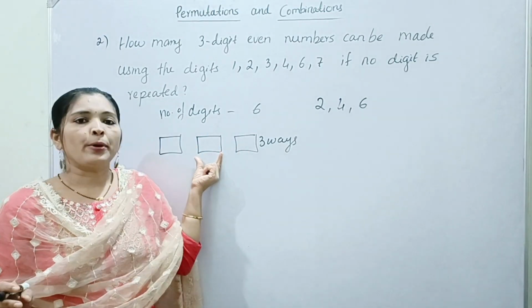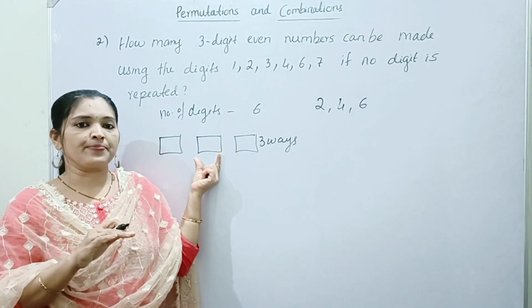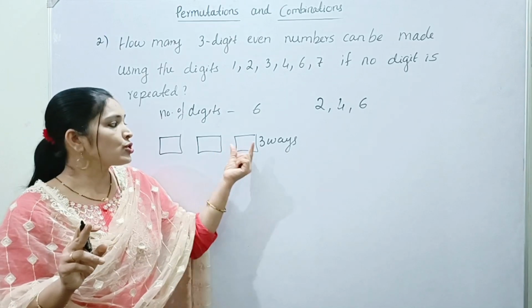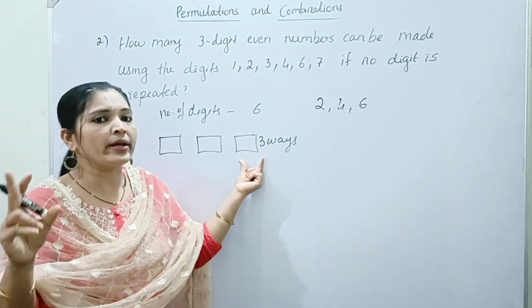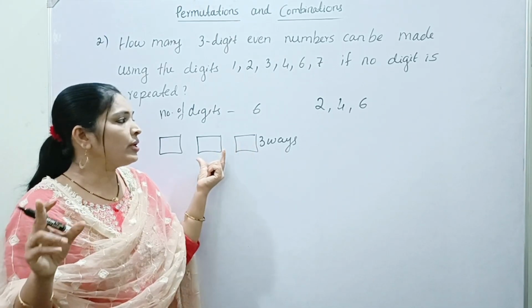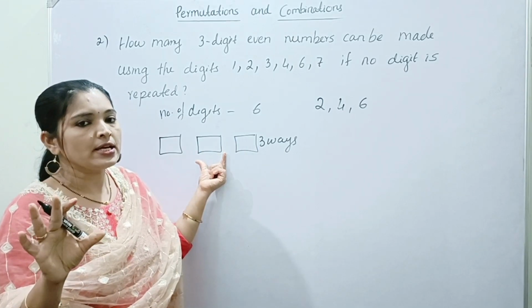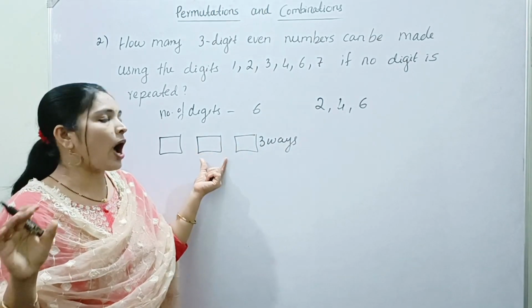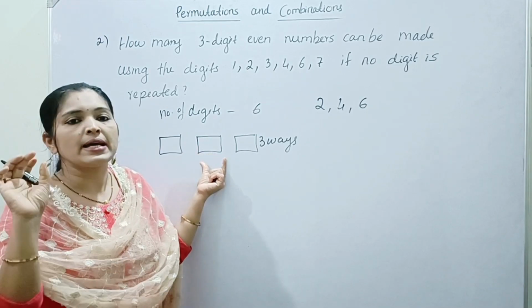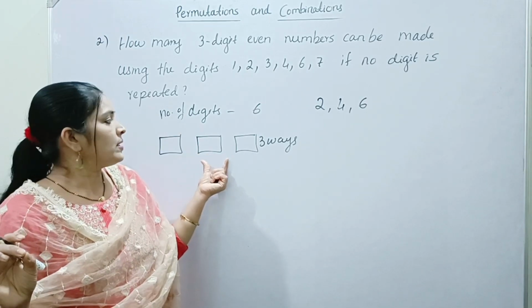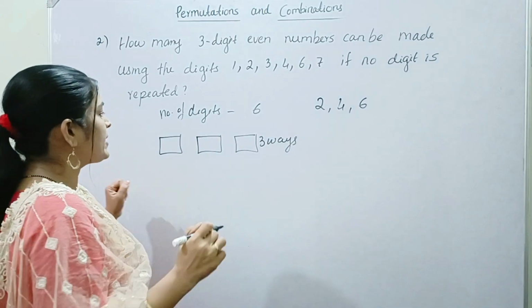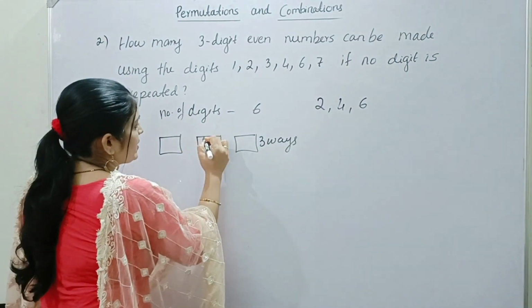And what about the tens place? Repetition is not allowed. So we have already written 1 digit. So 5 digits remain. So we can fill this tens place in 5 ways, right?